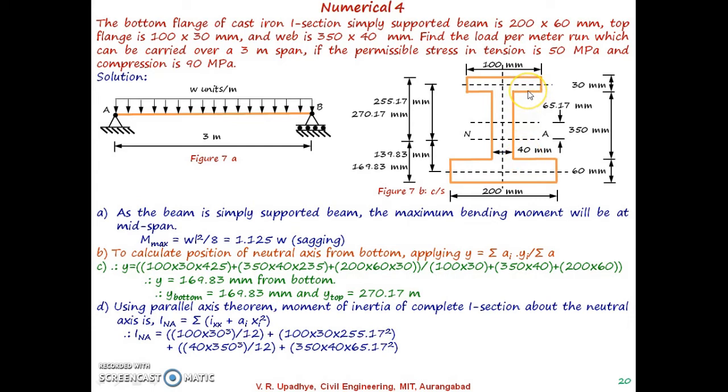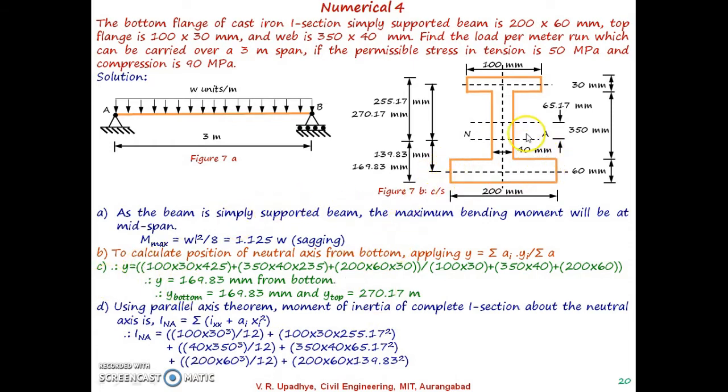So that becomes 40 into 350 cube divided by 12, and 40 into 350 is its area, and the distance between those two parallel axes, its own centroid and the neutral axis of the complete I section, is 65.17 millimeter. So that is written over here, 350 into 40 is its area, into 65.17 square, that is A x square.